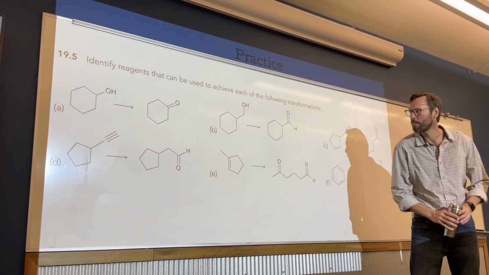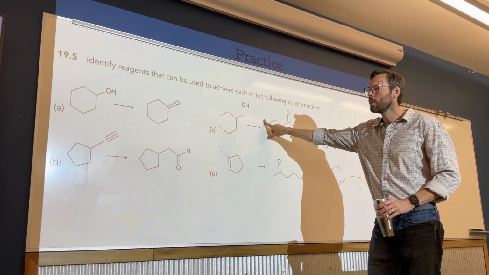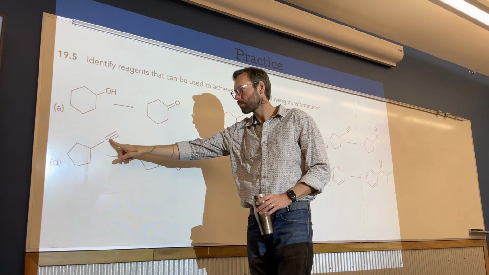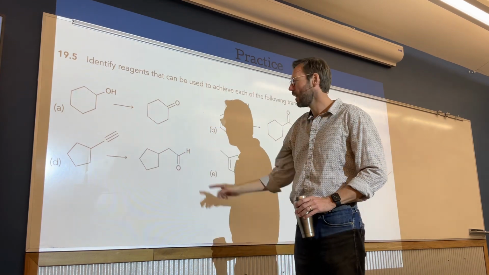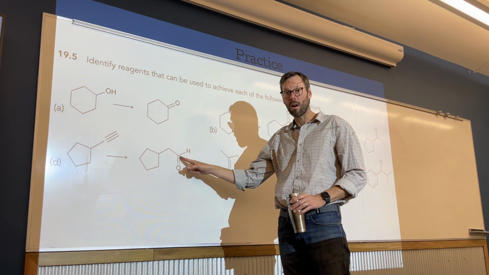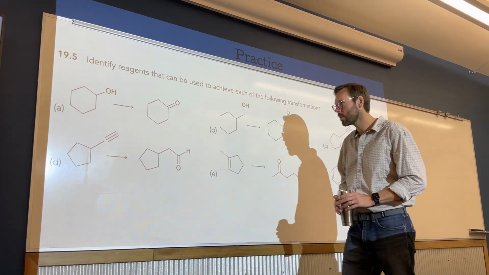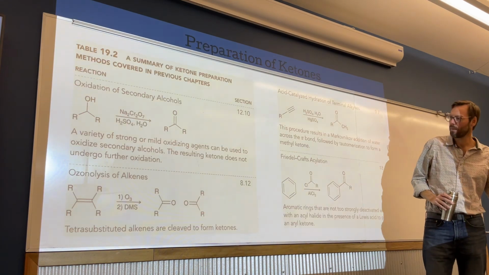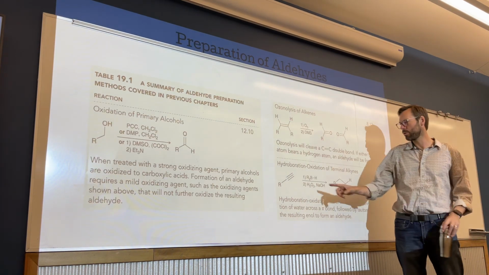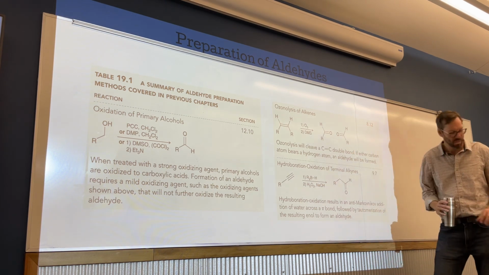So DMP we use here, PCC. Here we have an ethyne, and we're making an anti-Markovnikov aldehyde, so that's the hydroboration-oxidation. And to do that, we would use these reagents.